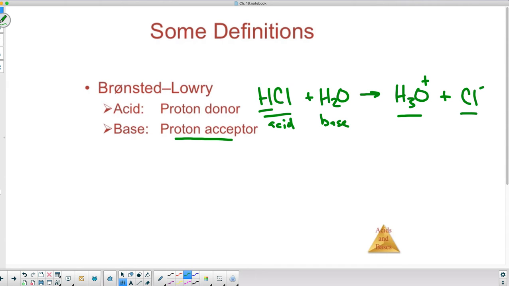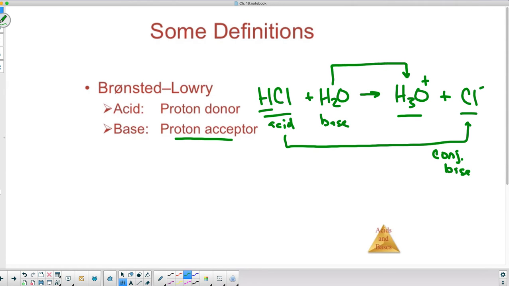Now, you're going to see terminology in the book that says if this is the acid here, that means that this then is the conjugate base. That conjugate just means the other side. It means like the thing that has changed into a base. And that means that if this is the base, then what I have over on this side is the conjugate acid.